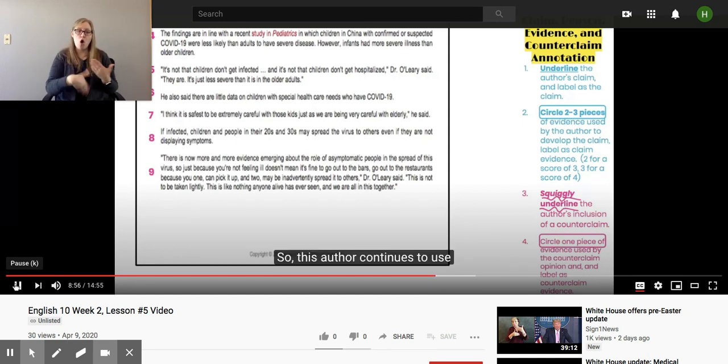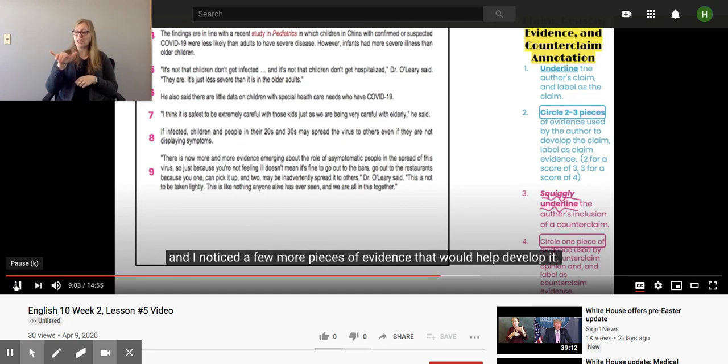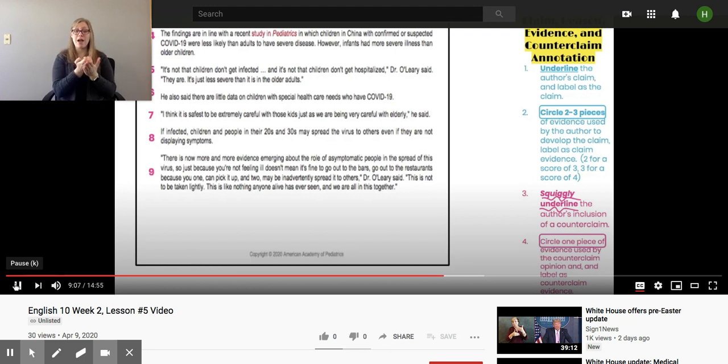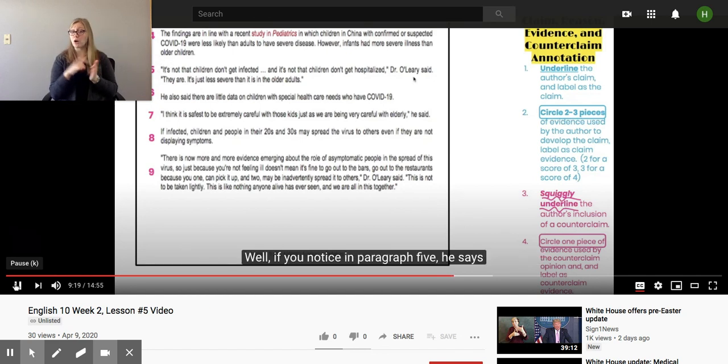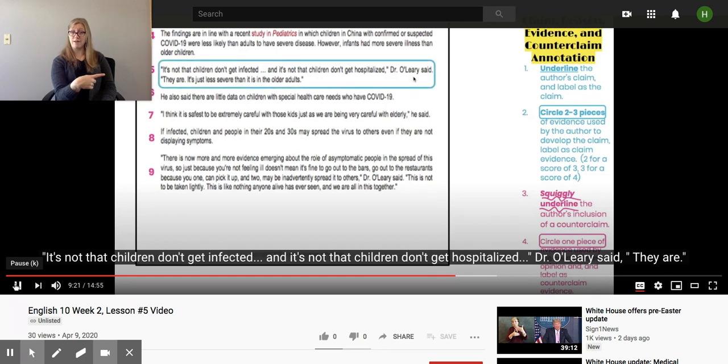So, this author continues to use Dr. O'Leary's expert opinion here, and I noticed a few more pieces of evidence that would help develop it. Okay, remember our claim was that young people play a vital role. So what's some additional reason and evidence that supports that? Well, if you notice in paragraph 5, he says, it's not that children don't get infected, and it's not that children don't get hospitalized, Dr. O'Leary said.